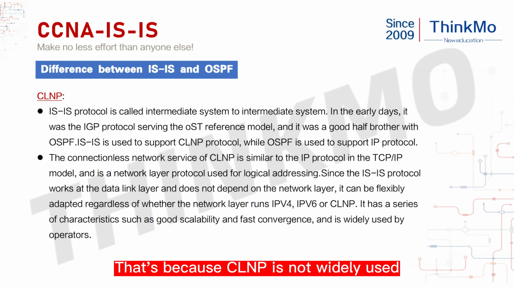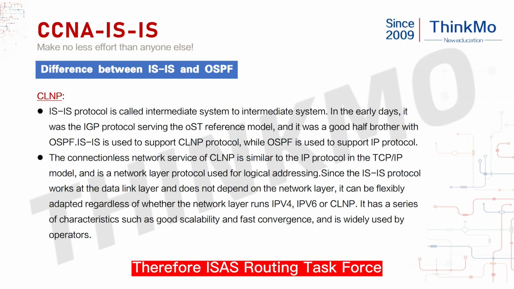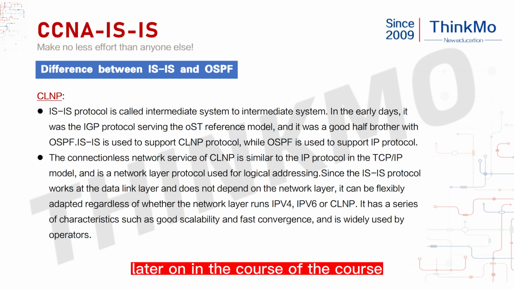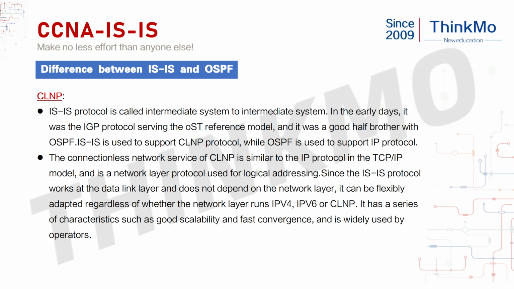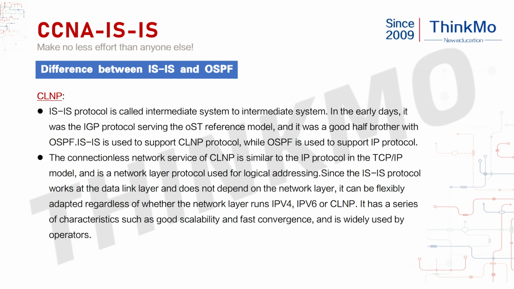Because CLNP is not widely used, ISIS is not widely used. Later, because it has some advantages, the ISIS Routing Task Force extended the ISIS protocol. Later in the course, you'll see the extensions to TLVs, so that it can support both the original CLNP protocol and the IP protocols currently in use, like IPv4, IPv6, and so on.